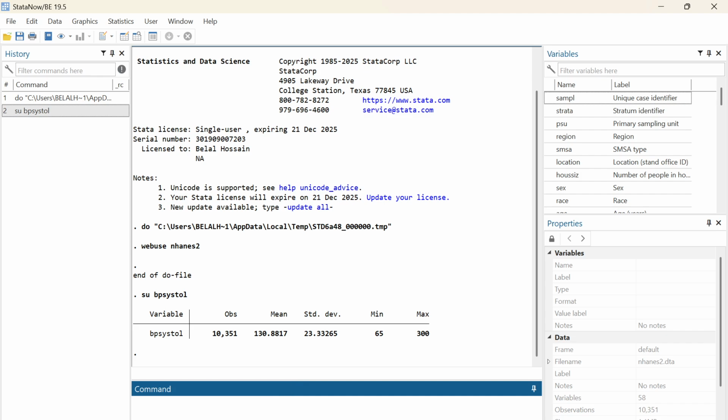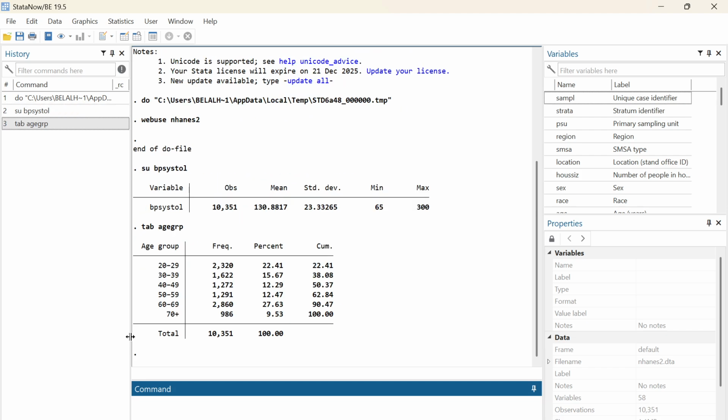Then we're going to use a grouping variable called age group. But for this one, we're going to tabulate it so that we can see the categories. And you can see there are six different age categories.